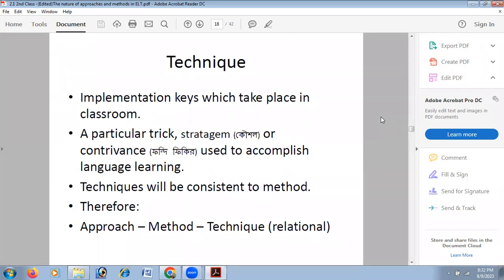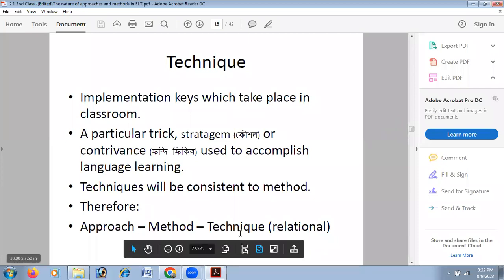So there is a relation between approach, method, and technique. Approach can be called the theory in language teaching. Method is the way we apply that theory, and technique is the classroom activities. We will apply that approach and method in the classroom.